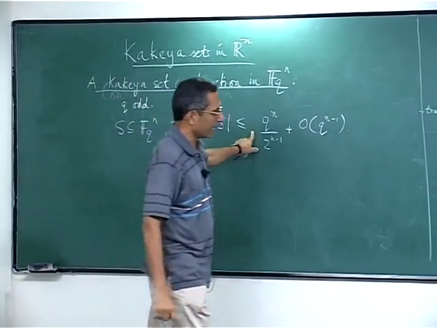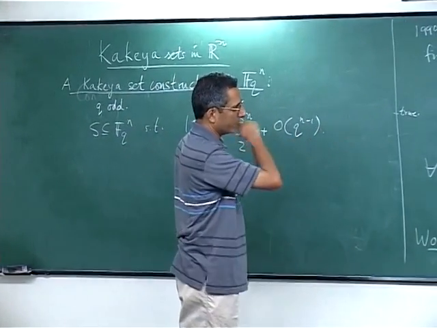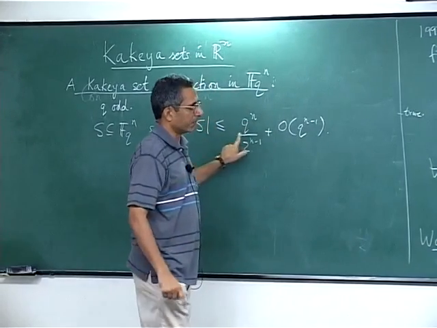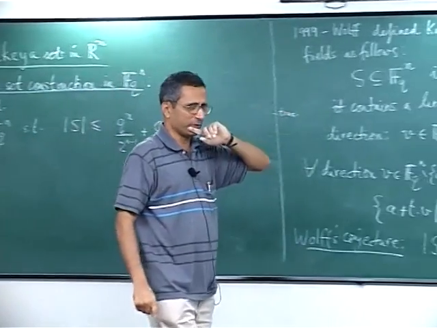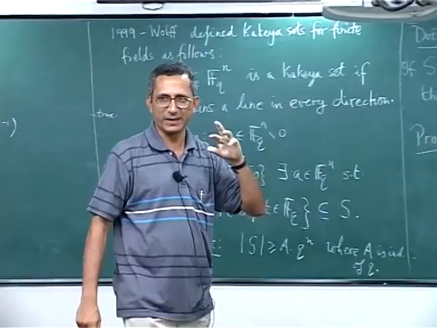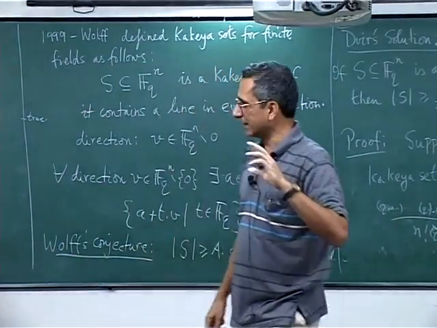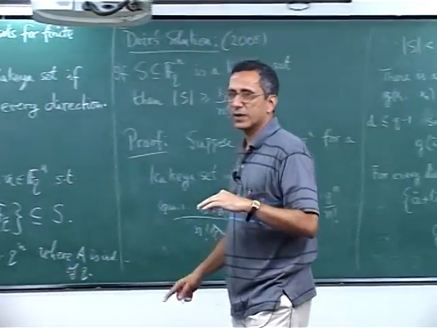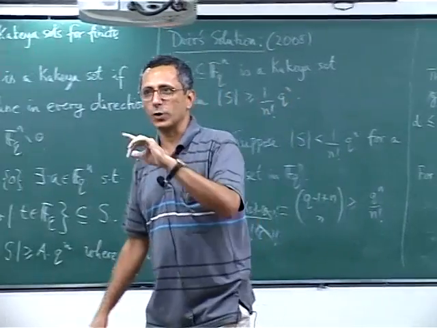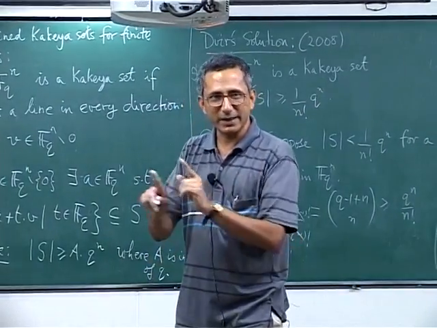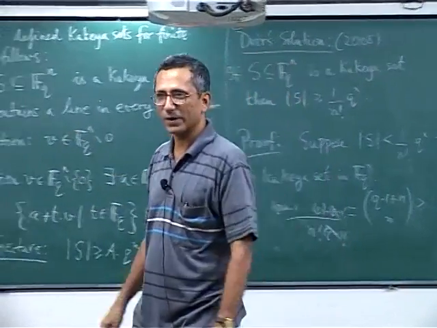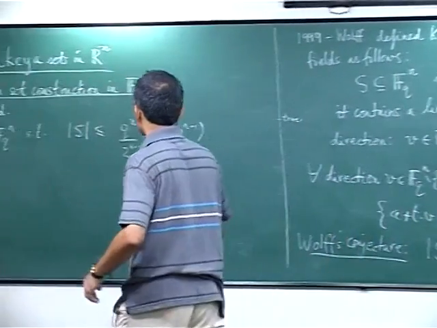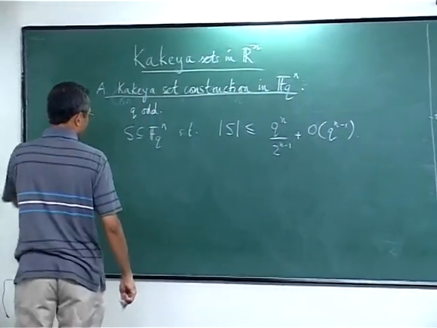You can see that the gap is pretty large between Dvir's solution and this. But we can improve the 1 by n factorial to 1 by 4^n very easily. We'll discuss that. And the current best lower bound is 1 by 2^n times q^n, so it's nearly the same as the upper bound. This construction is pretty easy. Let's discuss this.